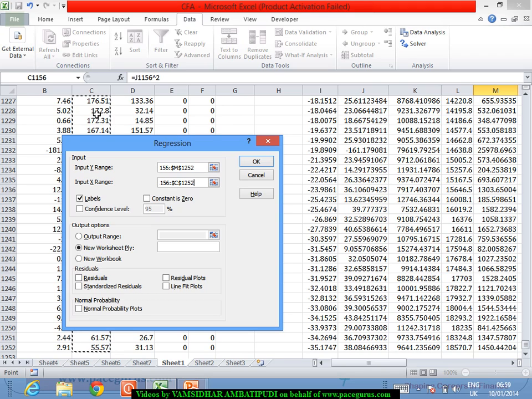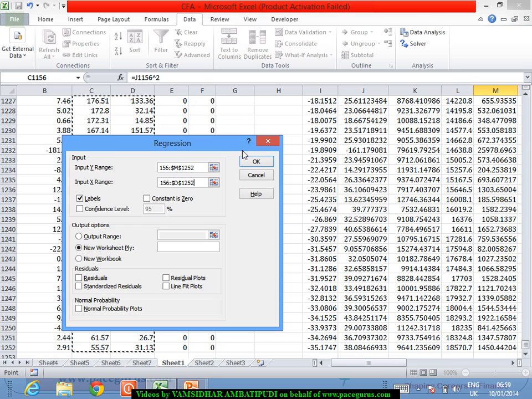Or probably I can take all the independent variables together. It really doesn't matter. Let me take even the second independent variable, because that was created only using these two independent variables.